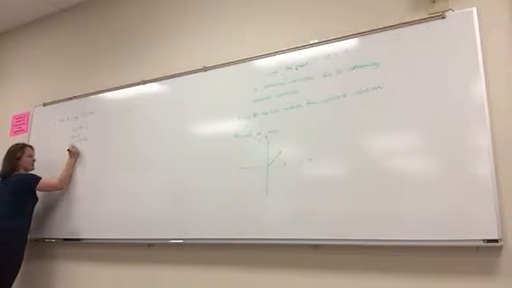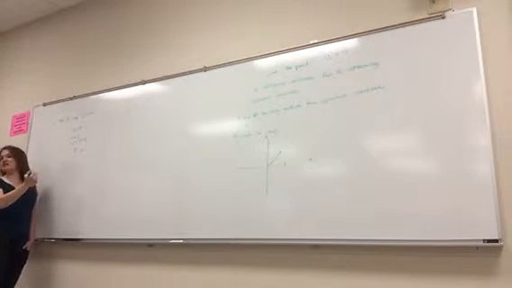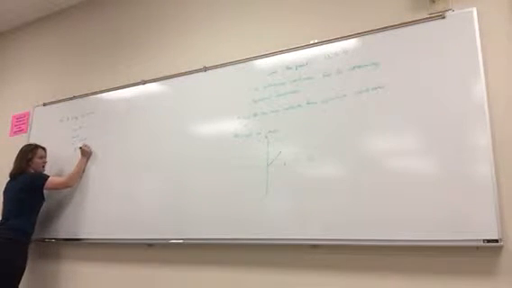Pi over 4, and I want you to think about it. What quadrant would I have to be in? Third, for them to match up, right? So I go pi over 4, 3 pi over 4, 5 pi over 4.